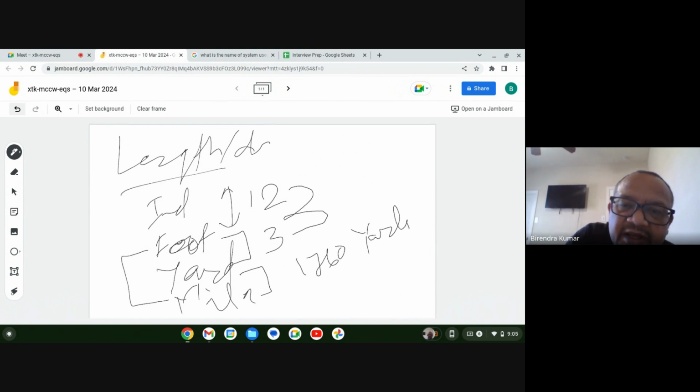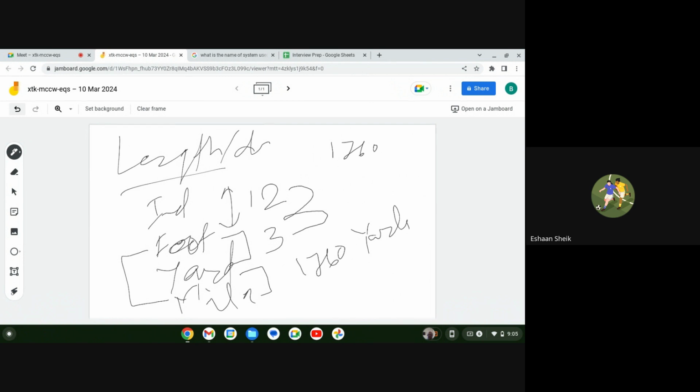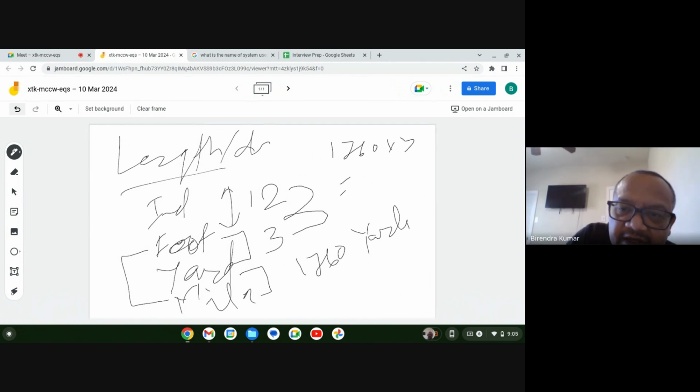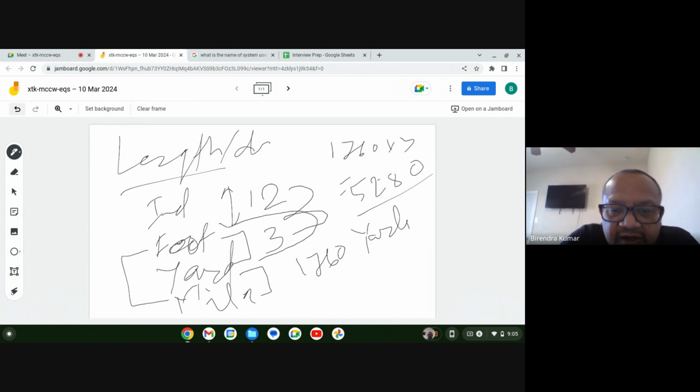That is why 1760 into 3 gives 5280. So 12 inches make 1 foot, 3 foot make 1 yard, and 1760 yards make 1 mile.